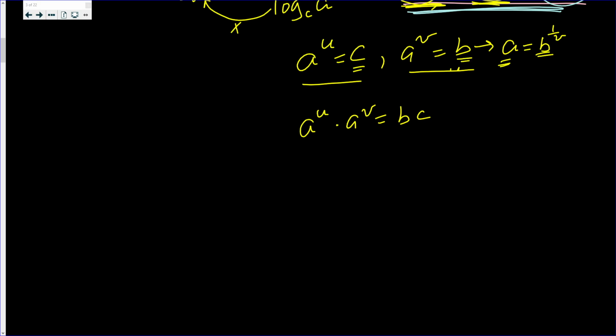C times B is BC. A to the U times A to the V is A to the U times A to the V. So the left side is this, and it equals BC. So log base A of BC is U plus V.